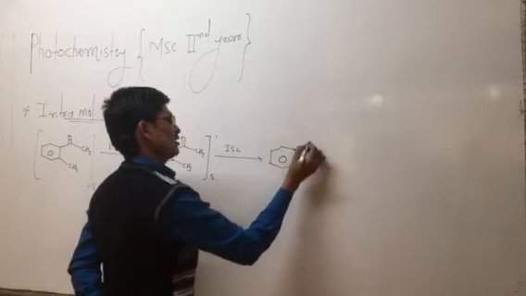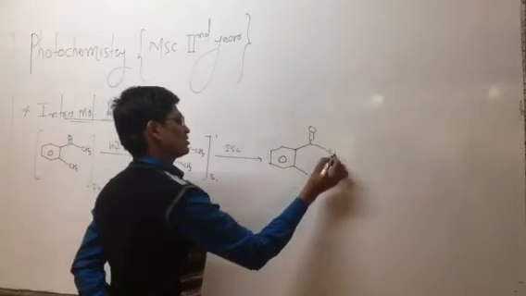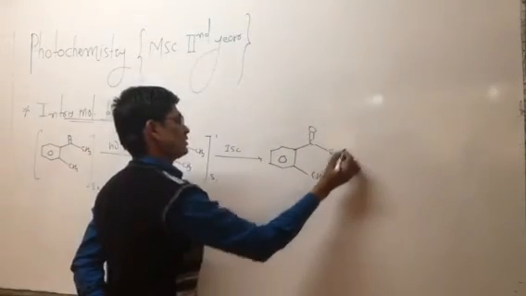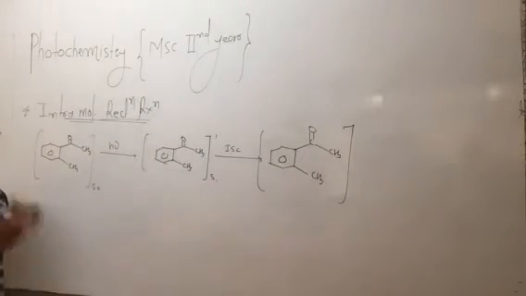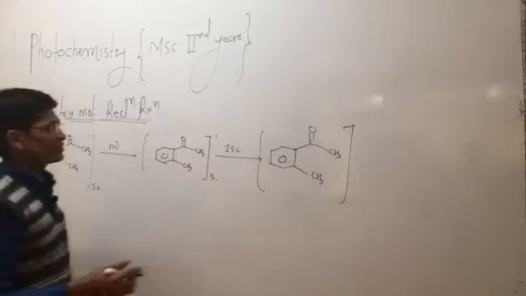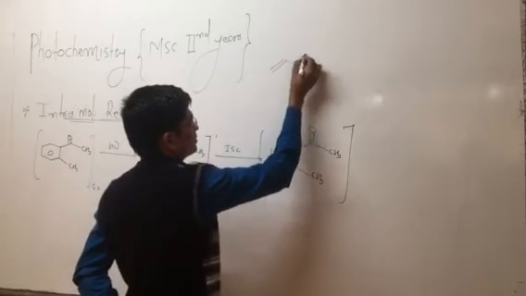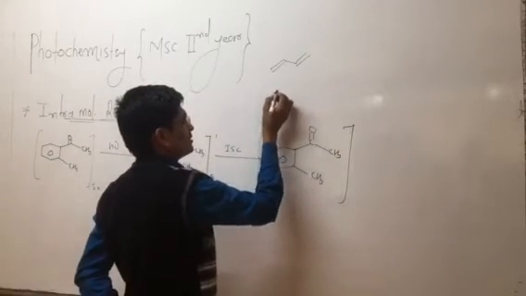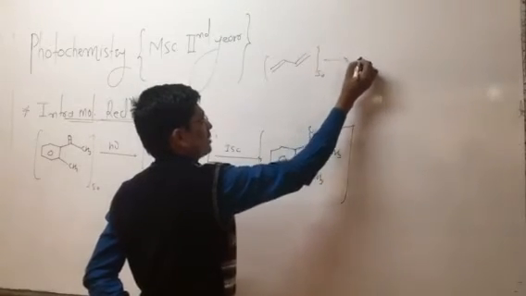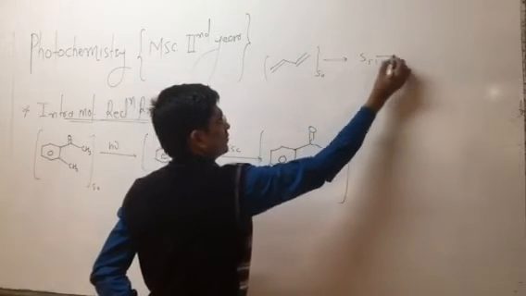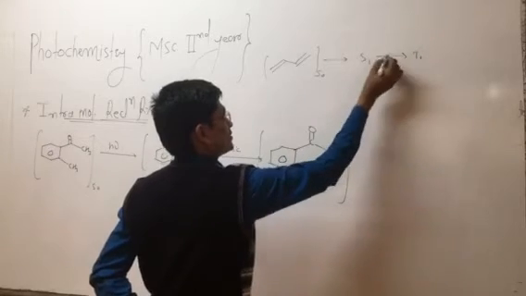So this is converted into what? This carbonyl compound goes to the triplet state. Then, for an alpha beta unsaturated hydrocarbon, for example 1,3-butadiene, which undergoes photoirradiation, it is converted into the singlet but not into the triplet state.